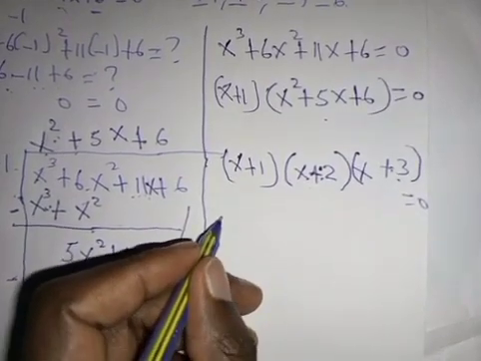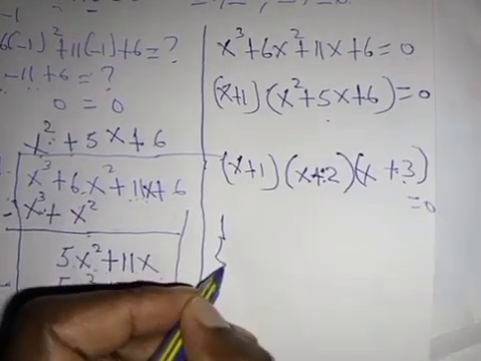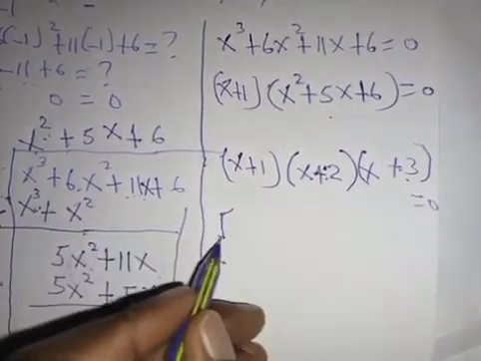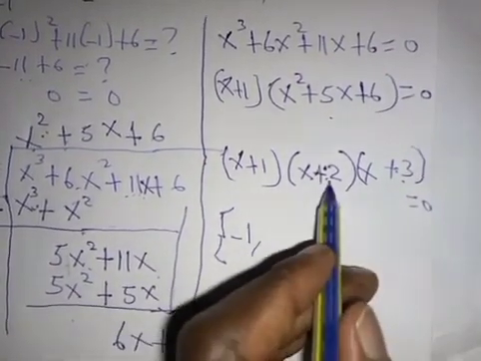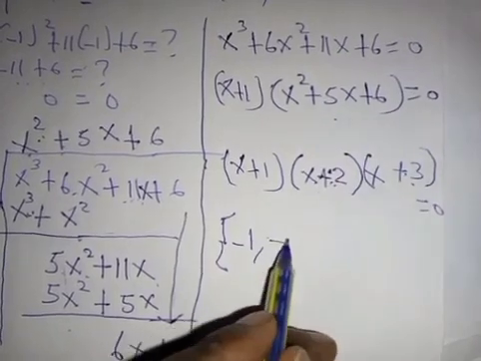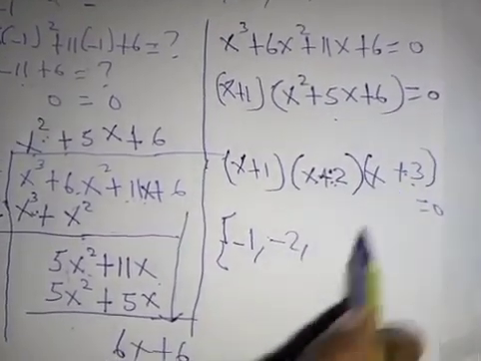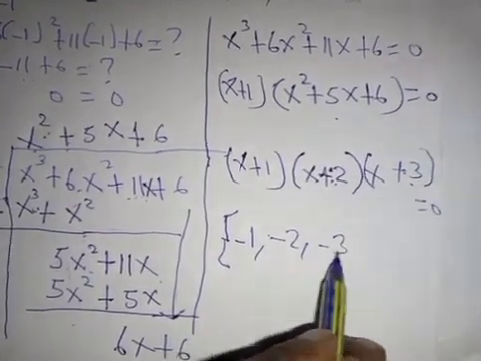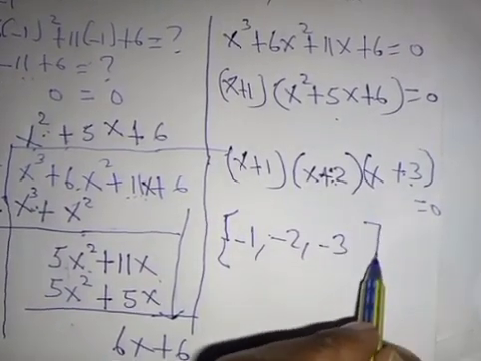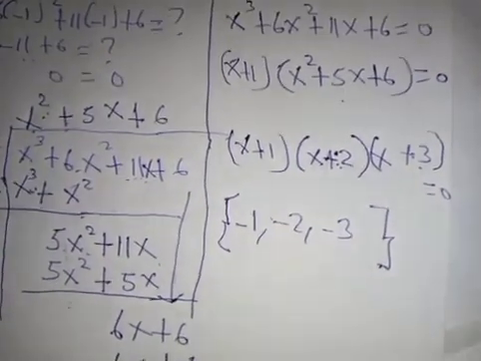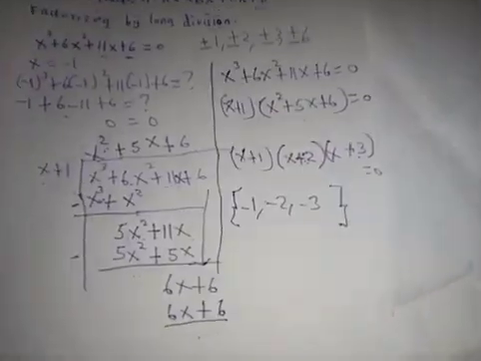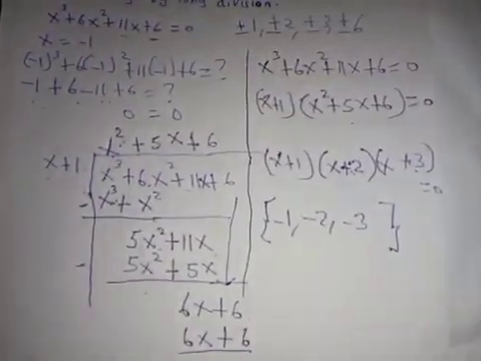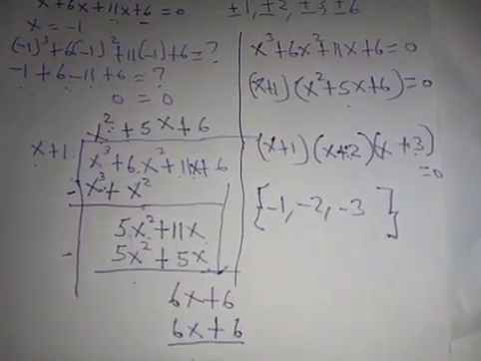Because it is cubic, our x has three solutions: -1, -2, and finally -3. Those are the three possible solutions for x in this instance.